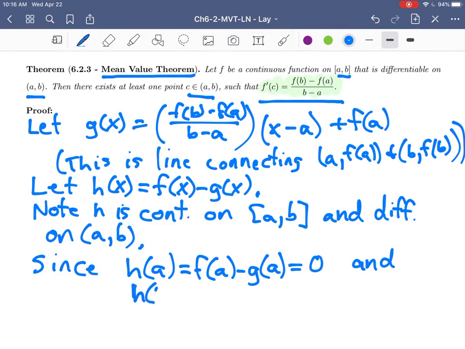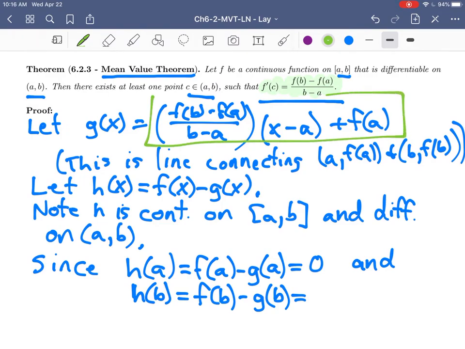h of b would be equal to f of b minus g of b. But what happens when we plug in b up into this function? When we plug in b for our value of x, this becomes b minus a, and so that b minus a will cancel with that. So you'll have f of b minus f of a plus f of a, so the f of a is canceled, and you're left with just the f of b.